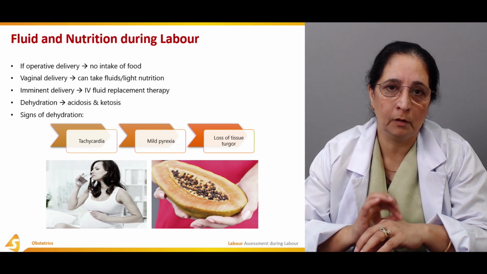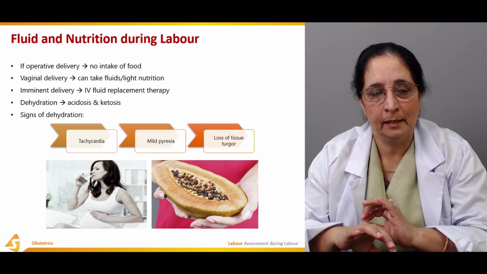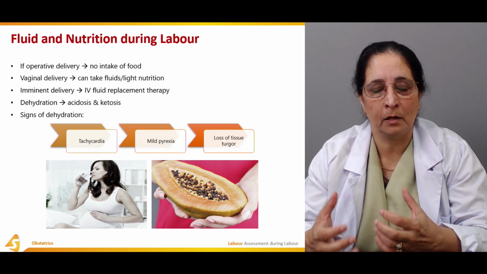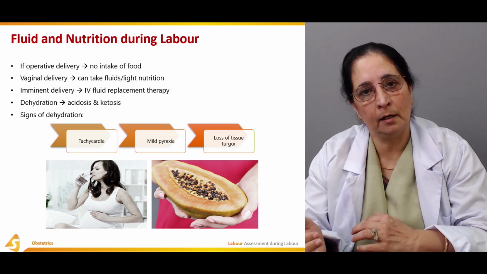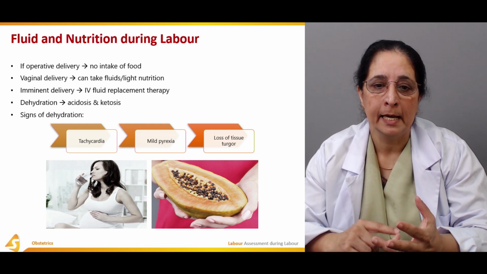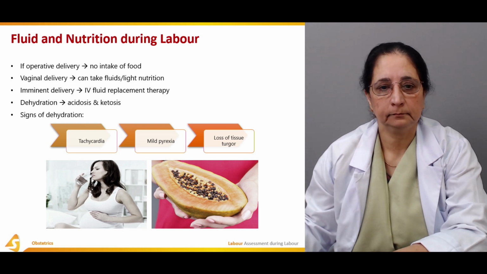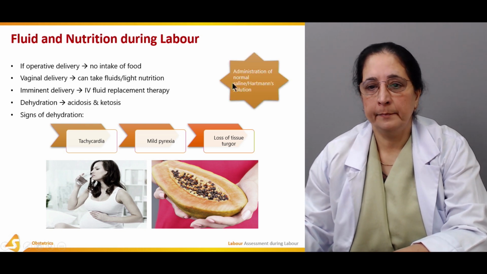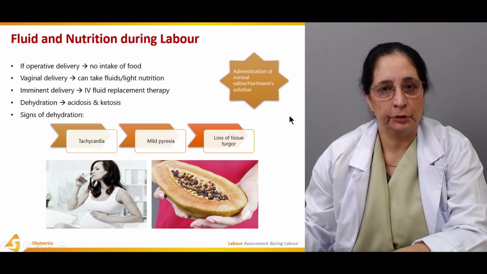The tissue becomes less elastic, and loss of turgor of the tissue is present. So these are the signs of dehydration, and it can also cause acidosis and ketosis. Administration of normal saline, Hartmann solution.